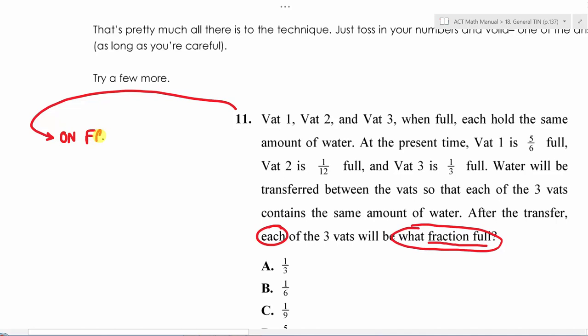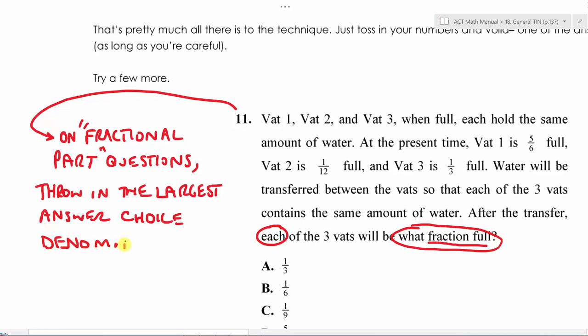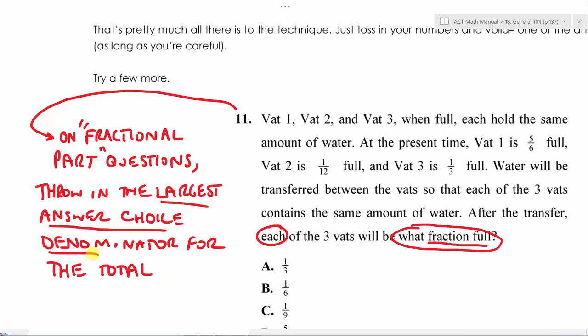So on fractional part questions, when the question is asking you for a fractional part, what fraction full, what fraction of the students were seniors, and so on, if you're General Tinning on one of these questions, what you want to do is throw in the largest answer choice denominator for your total.